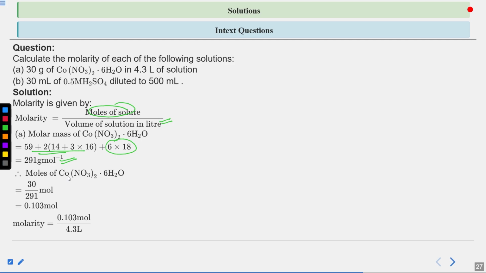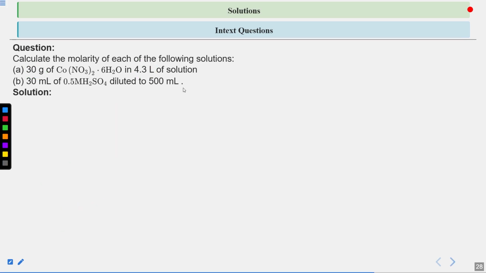What are the moles of hydrated cobalt nitrate? It is 30 by 291, because 30 gram of cobalt nitrate has been taken. To calculate the molarity, we will take the number of moles divided by the total volume, which is 4.3 liter.